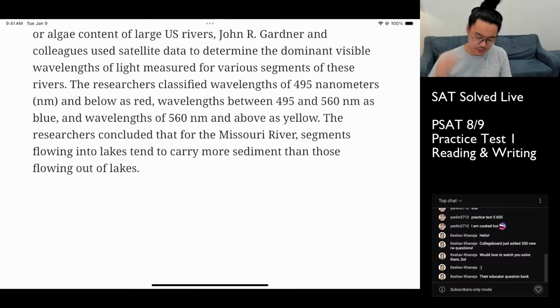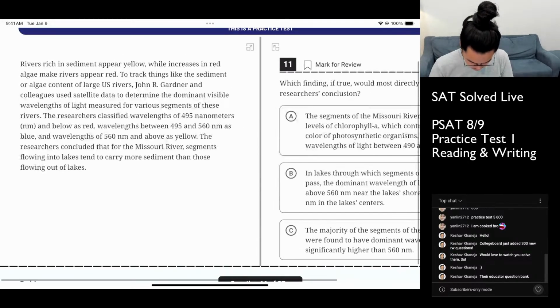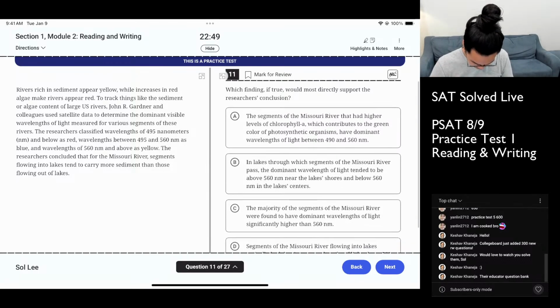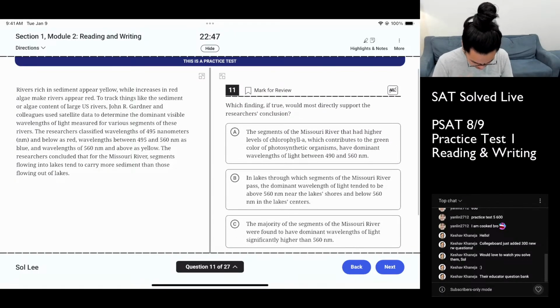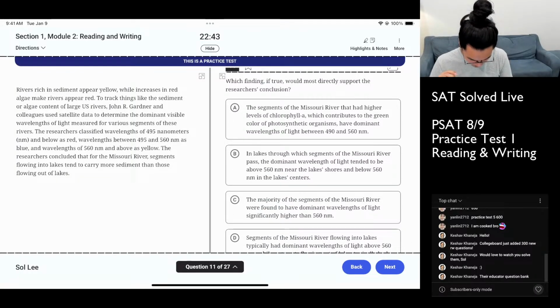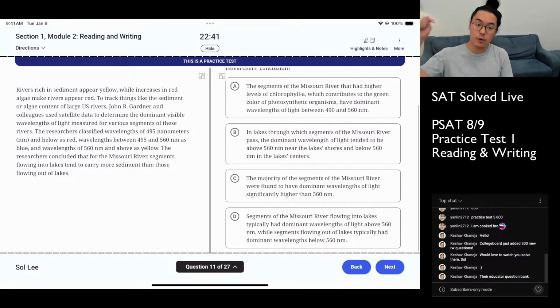So 560 and above is sediment. So high numbers are sediment. So flowing into the lake is yellow, and flowing out is less yellow. Less yellow, okay. Flowing into is more yellow, and flowing out is less yellow. What's the conclusion? The conclusion is flowing into is more yellow. So yellow is the 560 and above. Flowing into has more 560 and above.